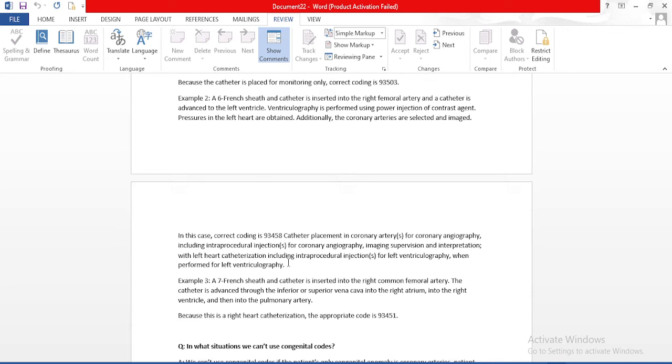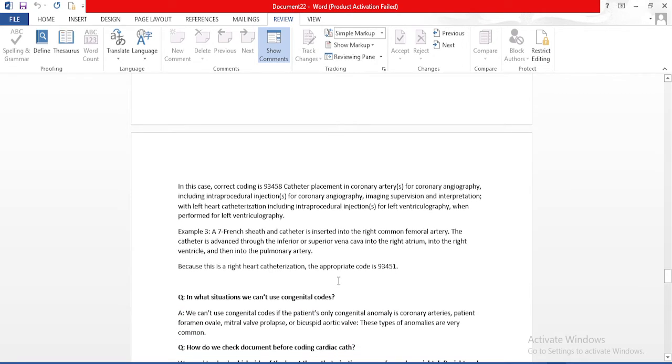In this case, the correct coding is 93458: catheter placement in coronary artery for coronary angiography, including intraprocedural injection for coronary angiography, imaging supervision, and interpretation, with left heart catheterization, including intraprocedural injection for left ventriculography when performed. Basically in this code, the catheter is placed in the coronary arteries as well as the left heart catheterization. So here we need to code 93458.